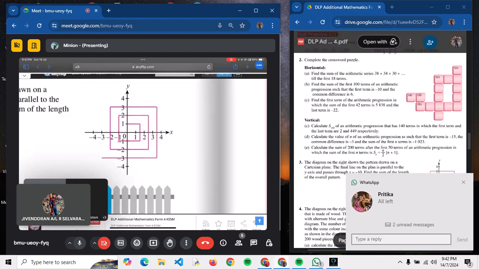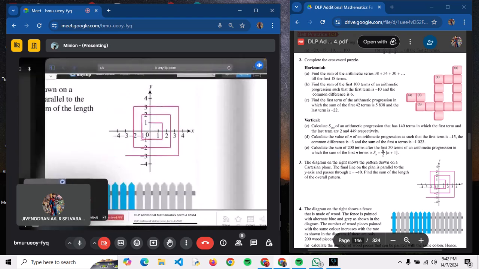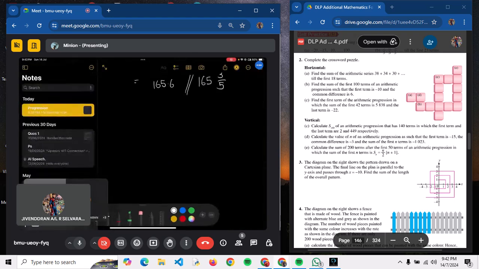Show the working. Okay. I can't copy this diagram, so please refer to your textbook. Okay, so I'll show the full working here.